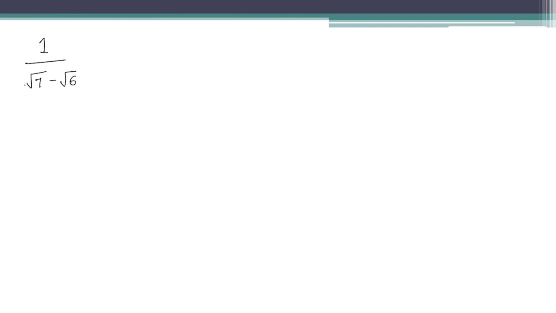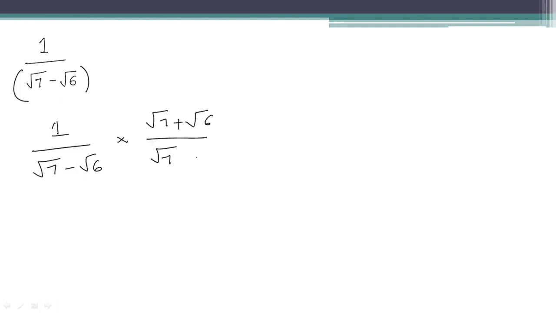Here in the denominator we have root 7 minus root 6. When you have two terms, you have to multiply with the same denominator but with a different sign. If you have a minus sign here, you have to multiply both numerator and denominator with a plus sign.